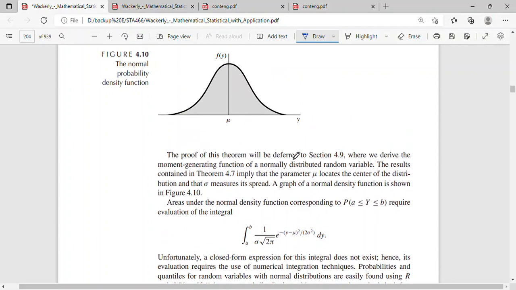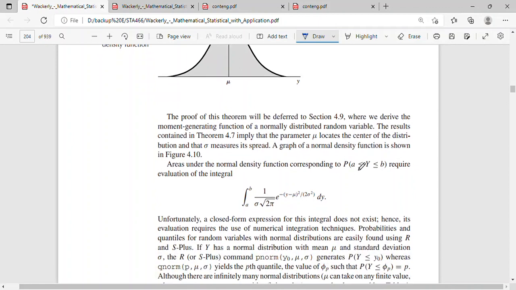So if you can remember, kalau kita nak cari probability when the variable comes from normal distribution, we can integrate the function of normal distribution. Tadilah PDF, because normal adalah continuous function kan.